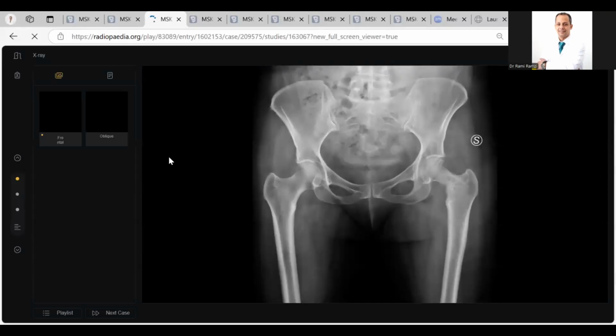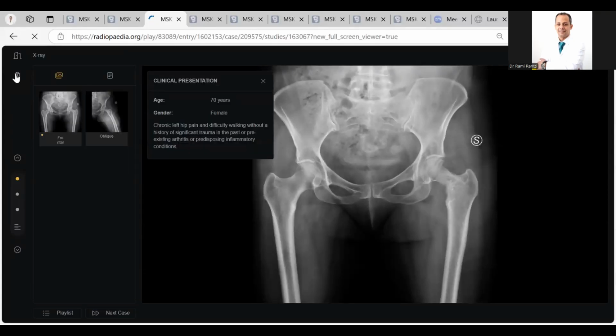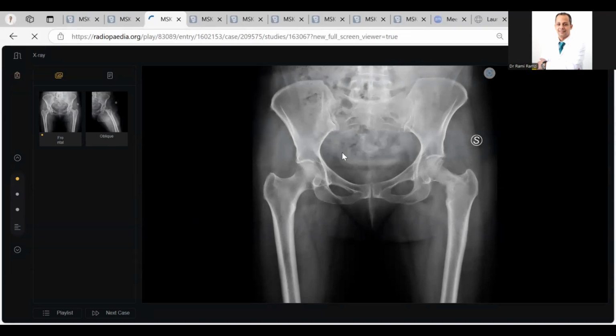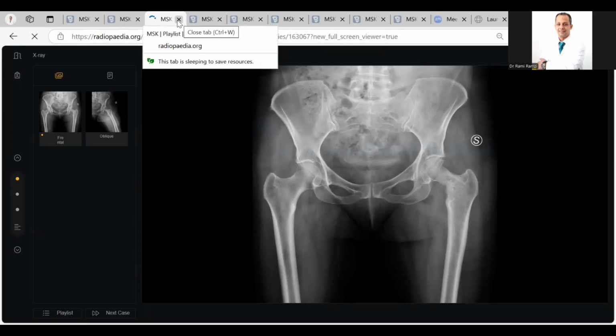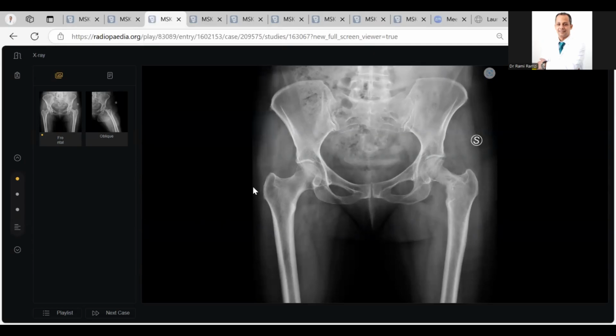Case number 2, 70 years old female patient with chronic left hip pain.